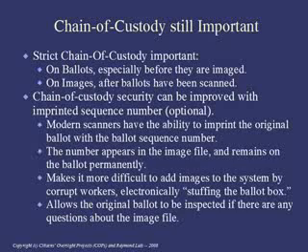This makes it very difficult to add images to the system by corrupt workers by electronically stuffing the ballot box. Then another good thing is it allows the original ballot to be inspected. If there's any questions about the image file, we can go back to that original ballot. So putting the sequence number on the ballot is an important step to improving the chain of custody.